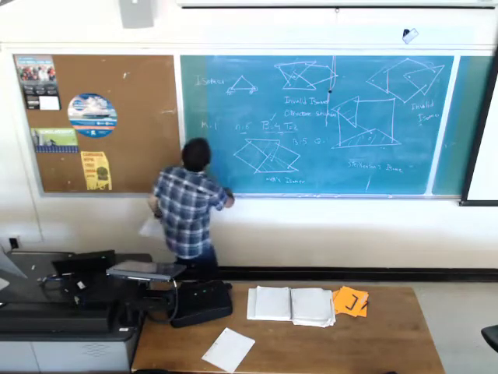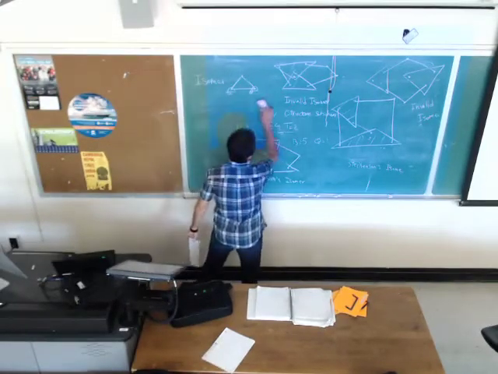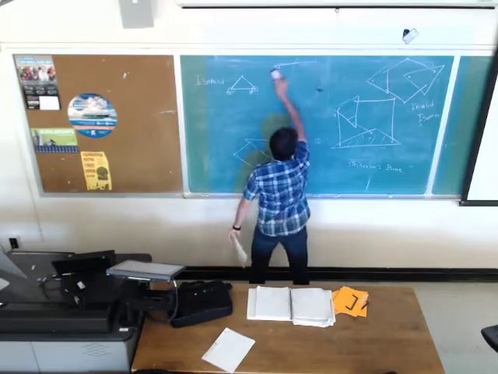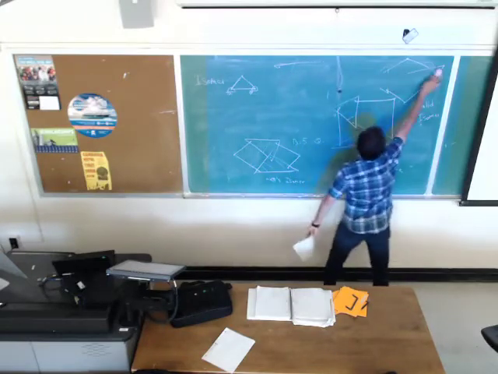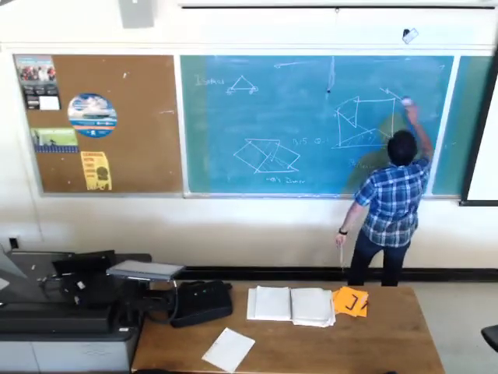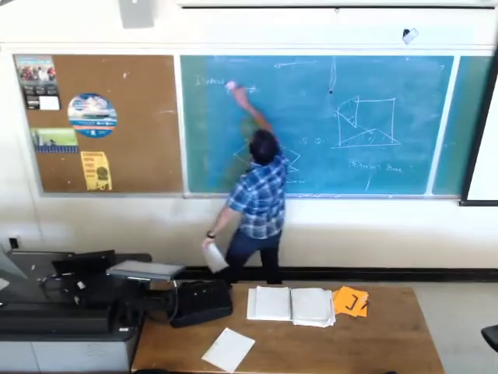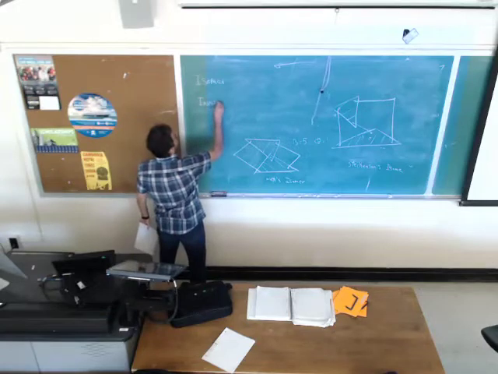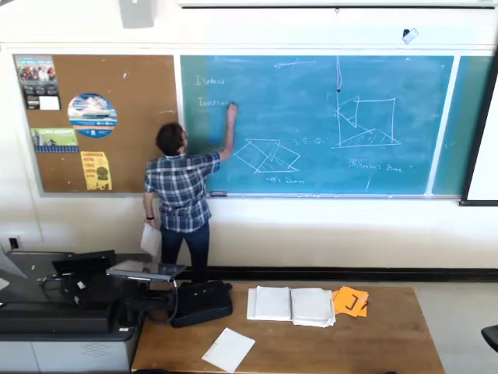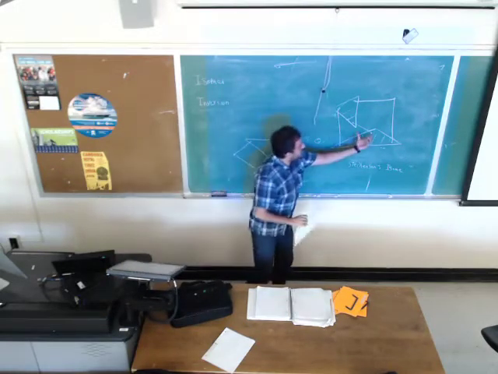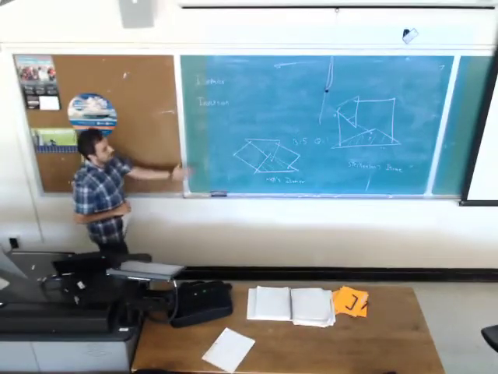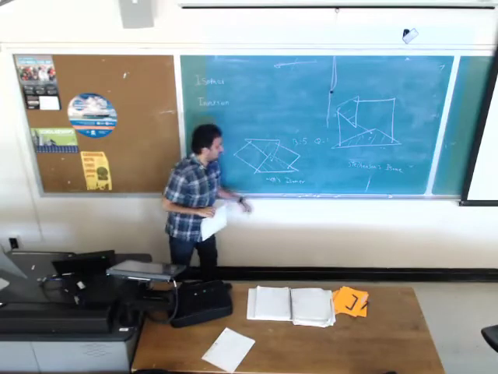Alright, let's move on to inversion. Here I have a kinematic chain. Here I have another kinematic chain. Suppose I'm looking at this kinematic chain.